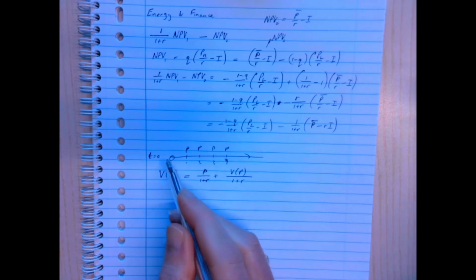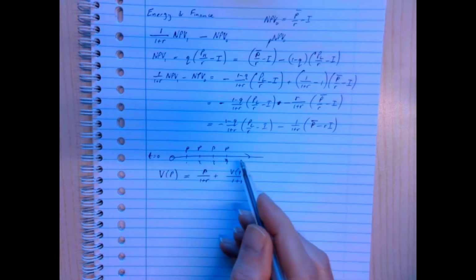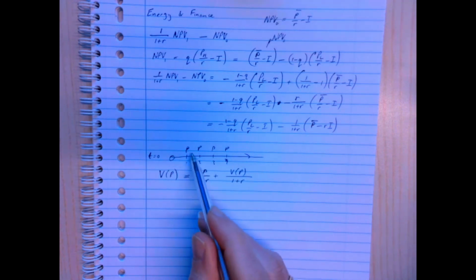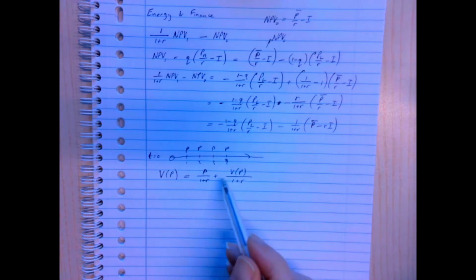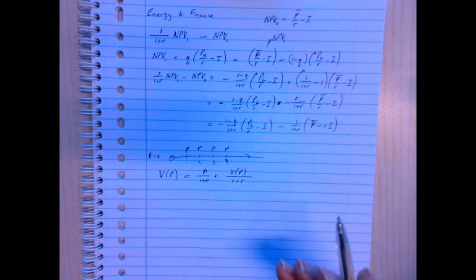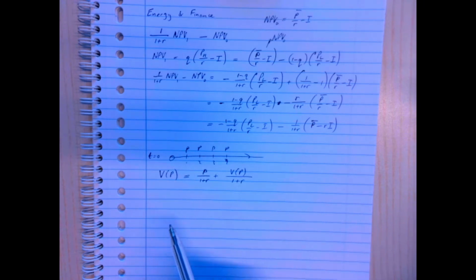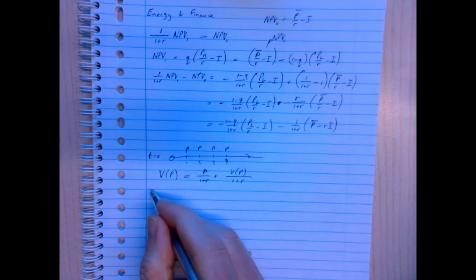So my claim is the total value of all these cash flows will be the same as the value of the cash flow that I get in period 1, plus the continuation value of these cash flows, both discounted by 1 plus R, because I get those two in period 1 itself. So I'm claiming that this equation here must hold. So let's see what that means. And does this allow us perhaps to get some insight? Well, let's multiply this whole expression by 1 plus R.